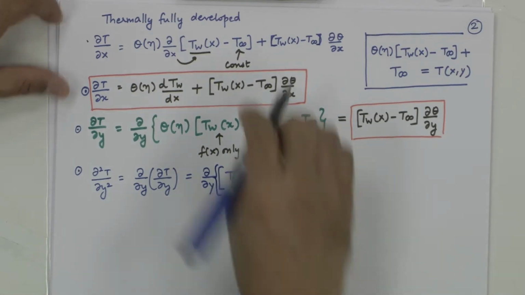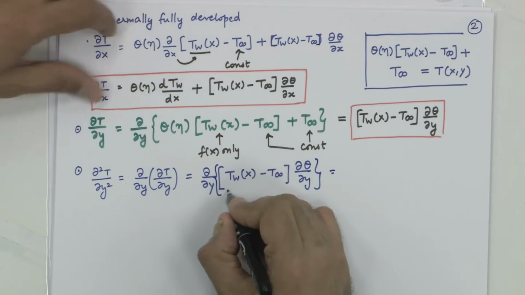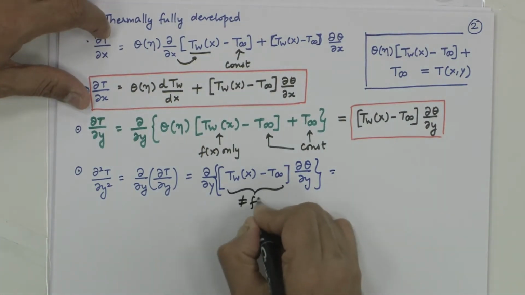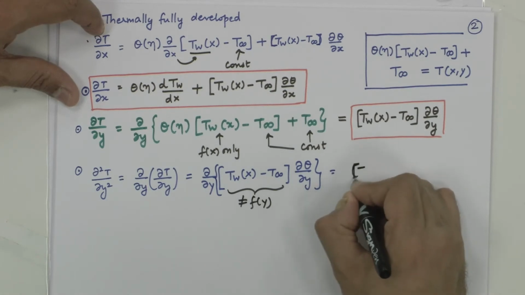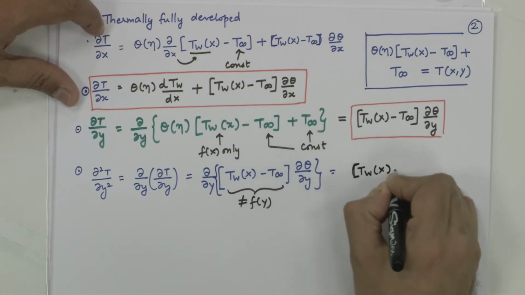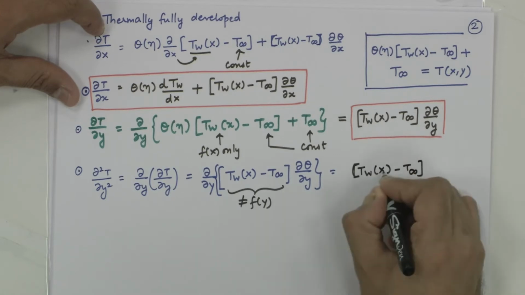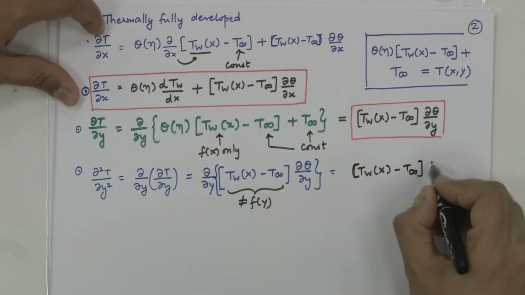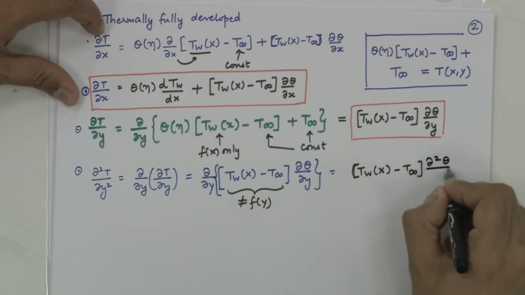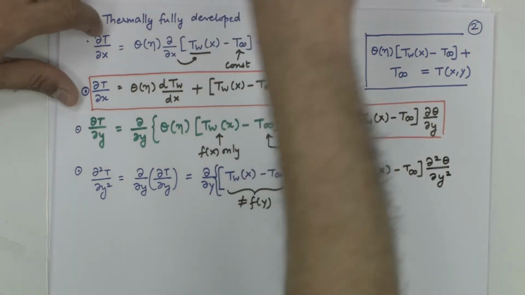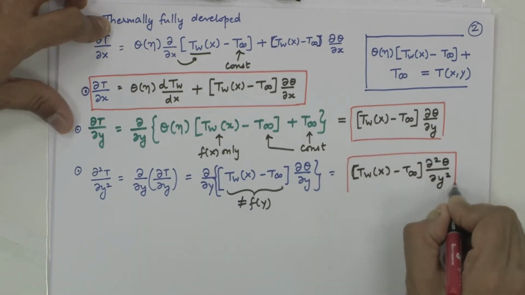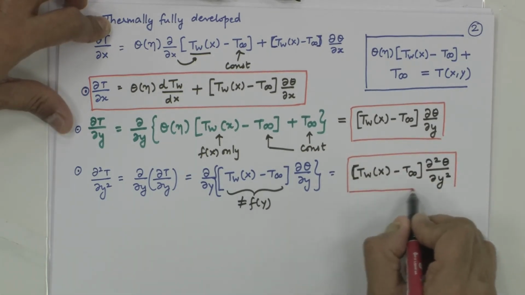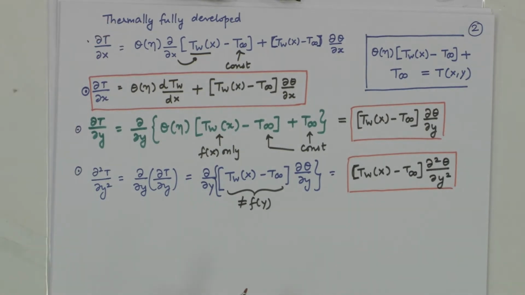Again, this bracket is a constant, so this is not a function of y. So, this can come out. So, we are left with Tw of x minus T infinity d squared theta by dy squared. So, this is my second derivative of temperature with respect to y.